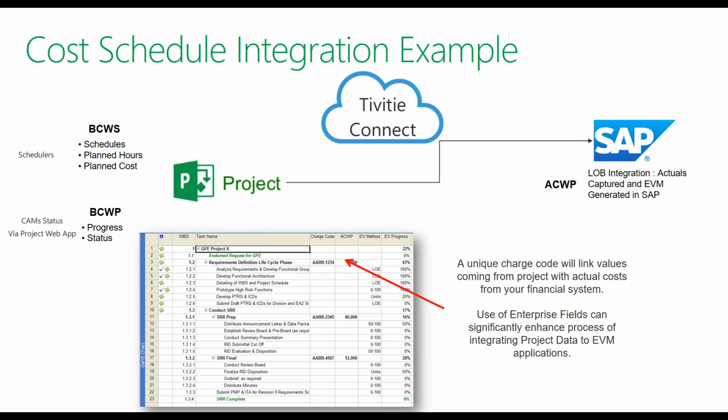So by having that Connect platform in the middle that does that translation of the data, that can allow the teams, again, to work in a way that's meaningful to them, but still maintains that integrity that the financial team needs from the financial standpoint. So this is just another example of how you could leverage Tivitie Connect for a cost schedule integration standpoint.